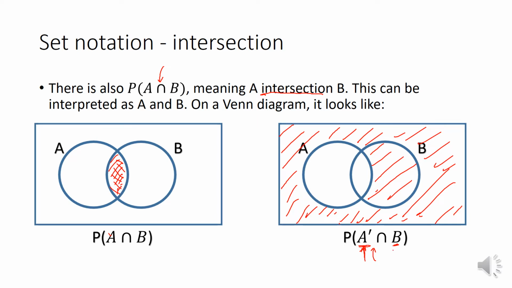Now we need to also work out what the B section is. So it's the intersection of what we've got so far and B. So B will cross out, we'll go the other way now so we can see where B is. So this is the intersection with not A and B. So it's where not A and B cross over.